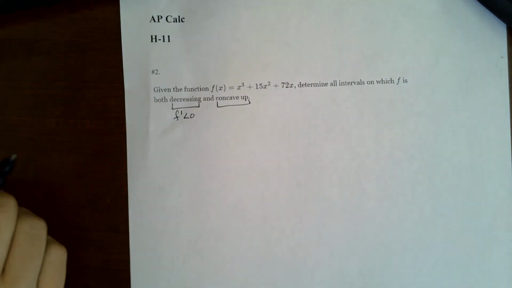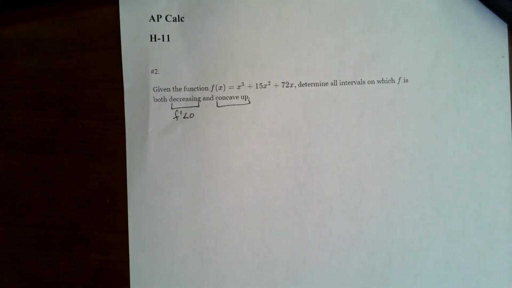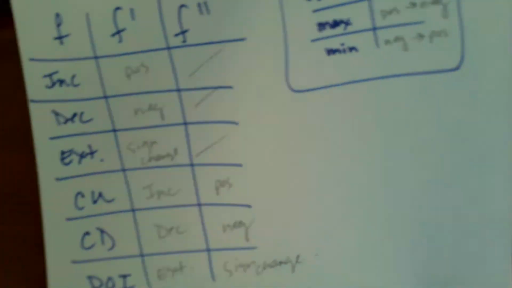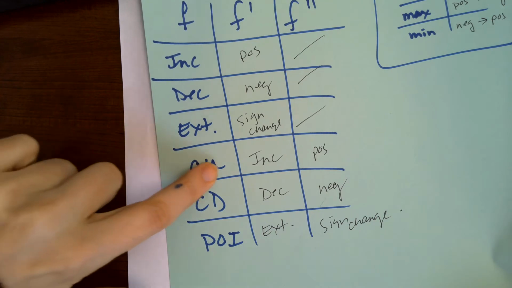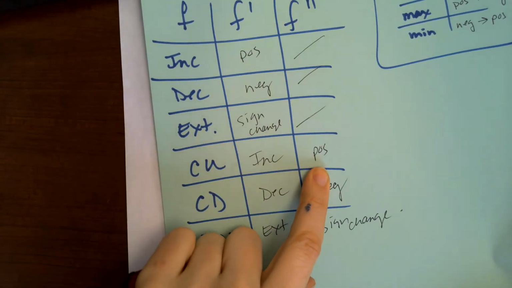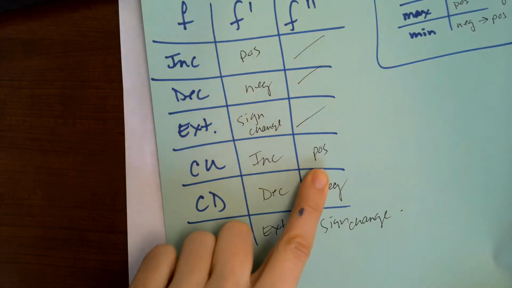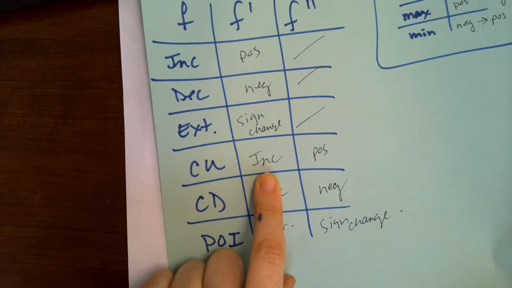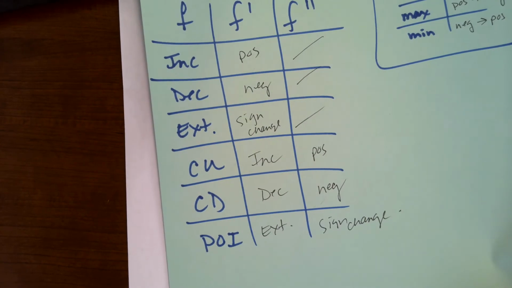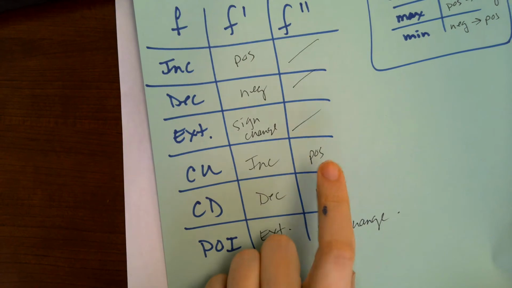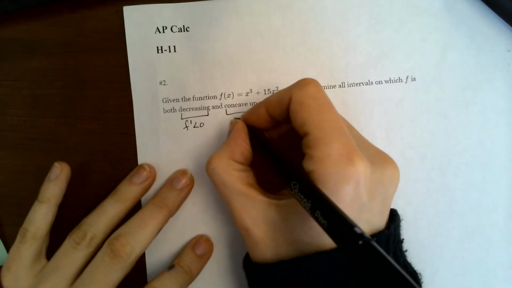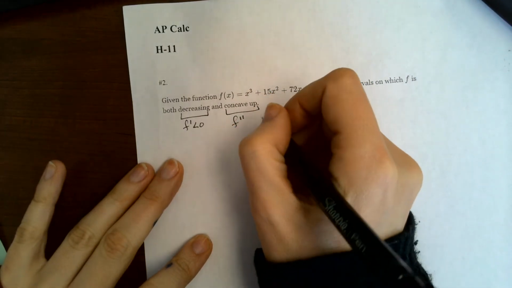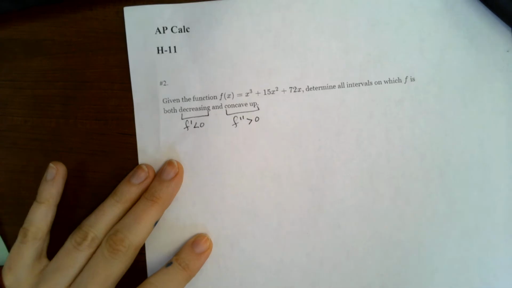But then concave up, what would be a sign that would indicate concave up on f? So f would be concave up if f double prime was positive. Also, if f prime is increasing, but we're looking to do a sign test. So positive or negative is what we're looking for to decide whether f has certain characteristics. So this would be f double prime greater than 0.